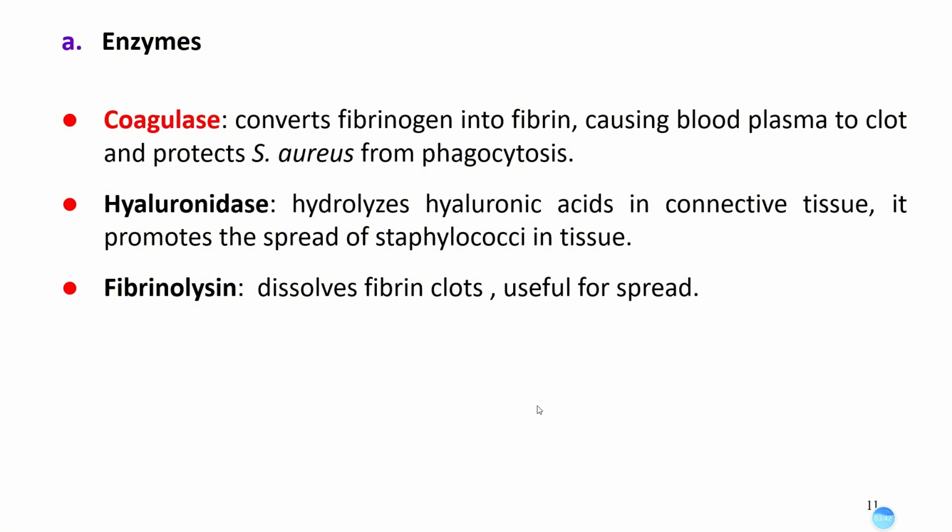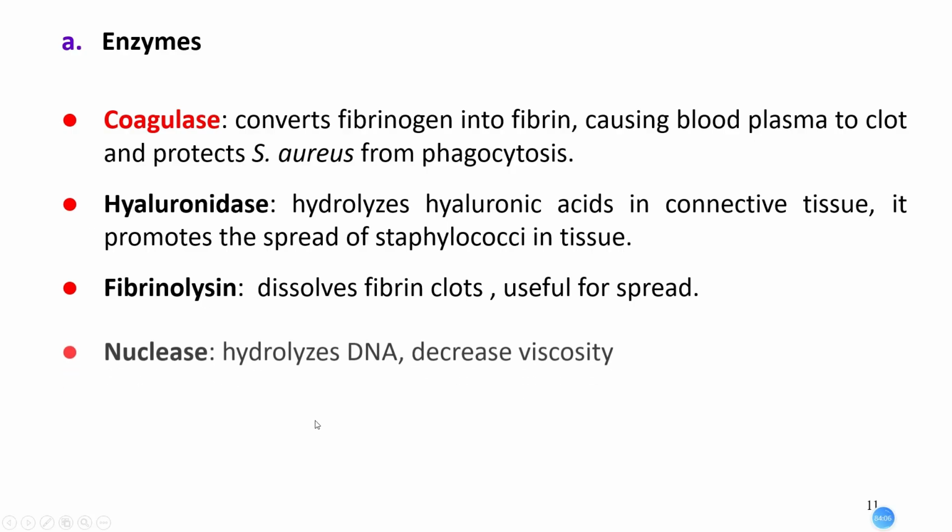So if they want to spread, they want to invade other parts of the body, they need to escape from the blood clot. So they produce this fibrinolysin to degrade the fibrin clots so that the bacteria are able to spread to other parts.